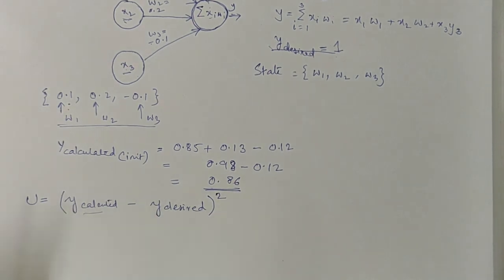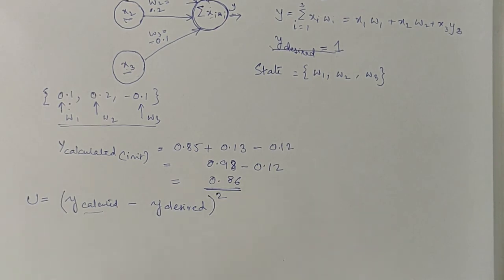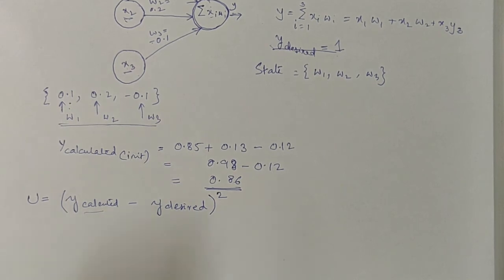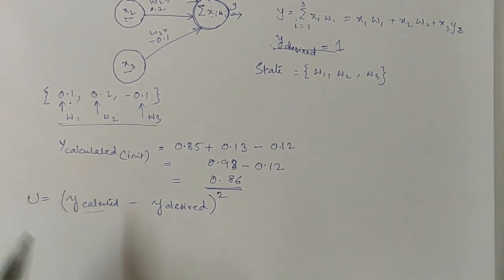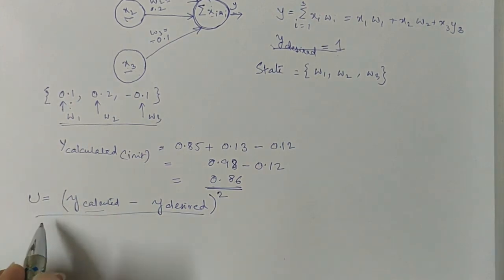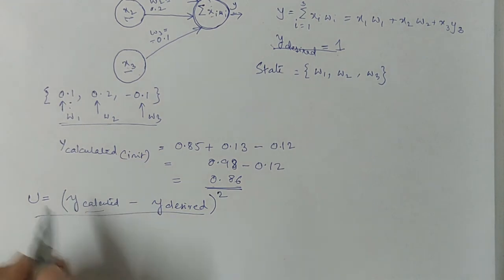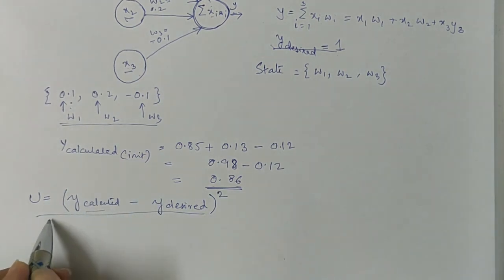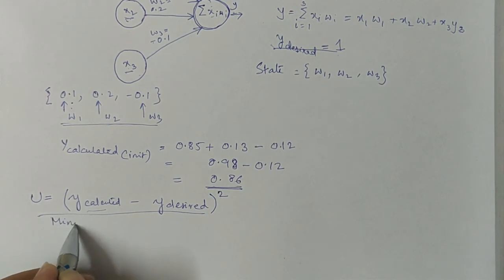That means I want u to be as small as possible. Ideally it should be 0, right? So if this is my objective function and I can find the global minima, that is, I have posed this as a minimization problem.